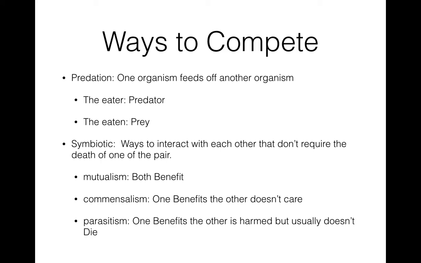So a predator eats a prey, the prey is dead. In mutualism, a symbiotic relationship, both organisms are going to benefit from the relationship. In commensalism, one is going to benefit, the other one doesn't really care, it's just there. In parasitism, one is going to benefit, the other is going to be harmed, but it usually doesn't die from the infection.